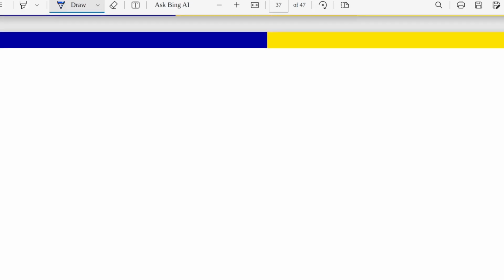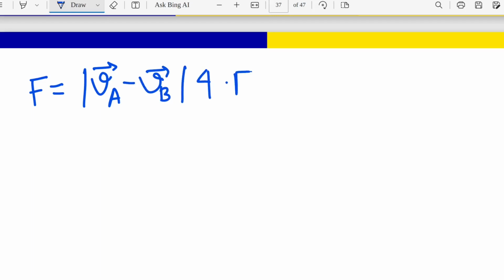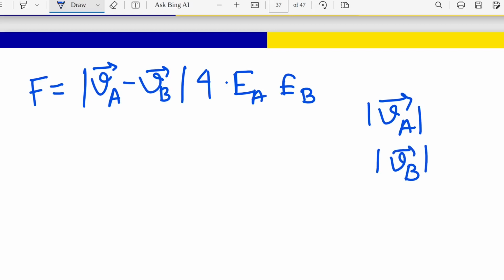Now what will be the flux density here? In lecture 37, sir has already explained very explicitly the expression for the flux density for the scattering case, but I am still writing it a little here. The flux density will be the mod value of VA minus VB, divided by 4 EA EB. Since the momenta of A and B are opposite in direction, VA and VB will also be opposite.